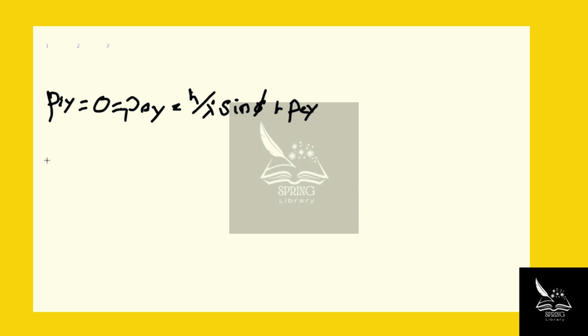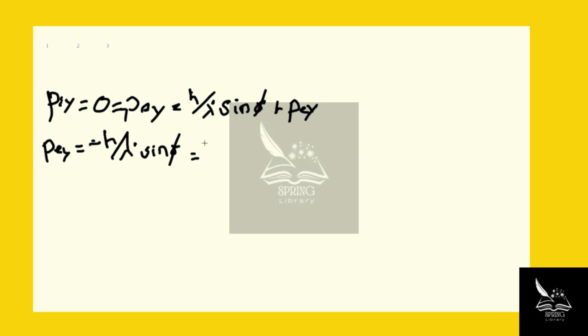So we get now P e y equals negative h over lambda prime sine phi. Sine of 60 degrees is square root of 3 over 2.